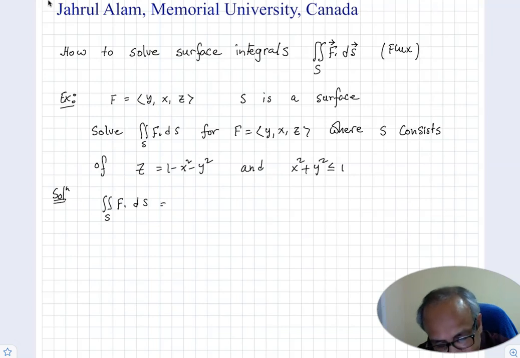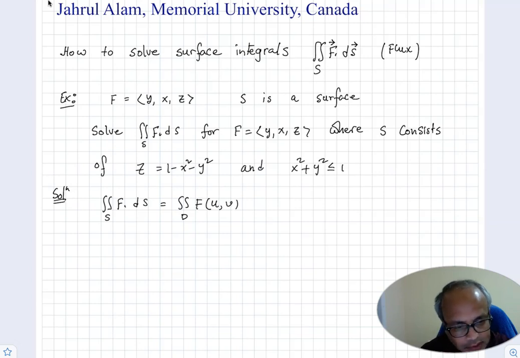We want to convert this vector integration into a scalar integration, where f is still a vector field, but earlier it was a function of x, y, z. Now I'm going to consider two parameters, u and v. The vector field will be a function of u and v, with a dot product of the normal vector, which is denoted by Ru cross Rv.